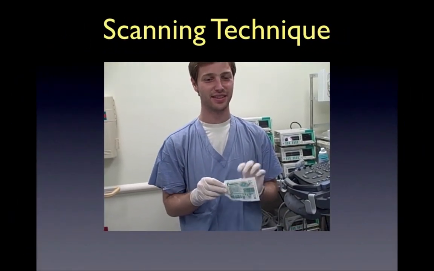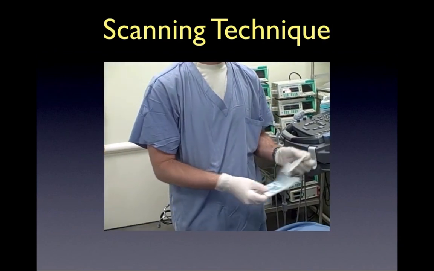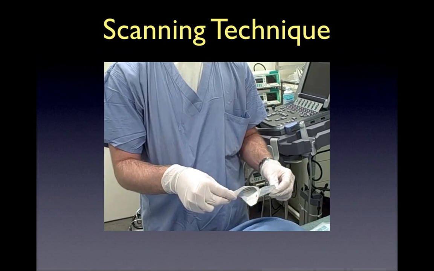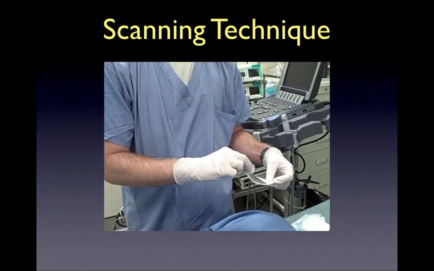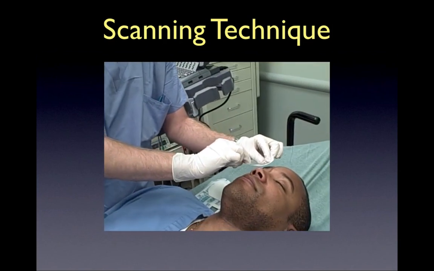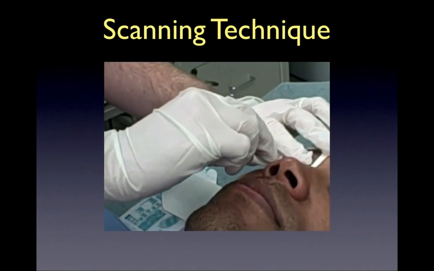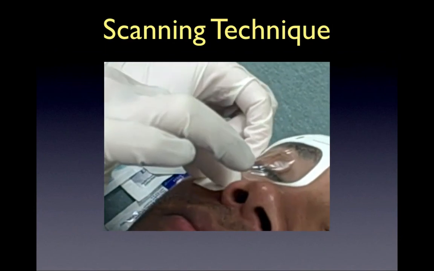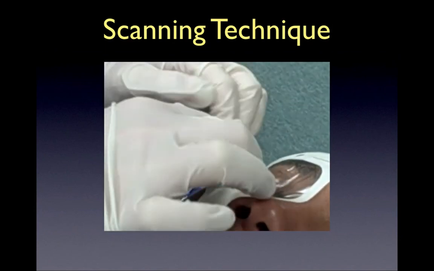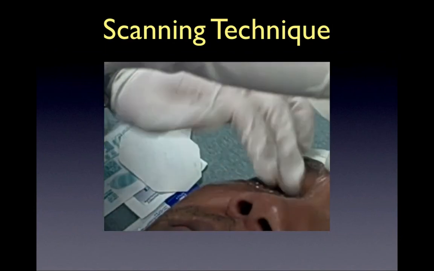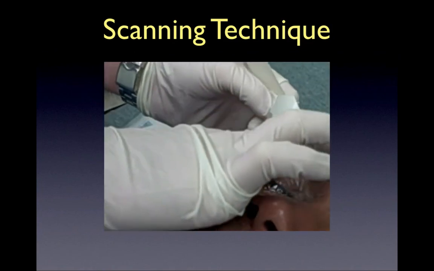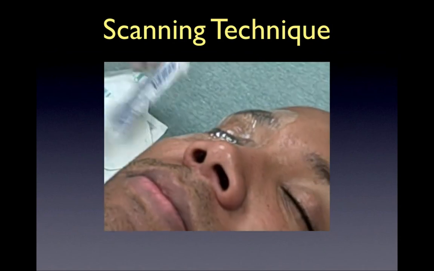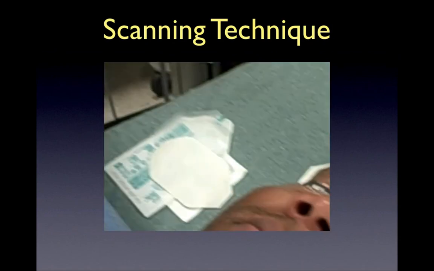Here we have a video of someone demonstrating the scanning technique. So first he's going to apply an occlusive dressing to the outside of the closed eyelid. And this is in an attempt to keep the eye as clean as possible. So you have the patient close their eyelid and apply an occlusive dressing such as Tegaderm. He's careful to smooth out all the air bubbles underneath the Tegaderm, as again, air will scatter the ultrasound waves.